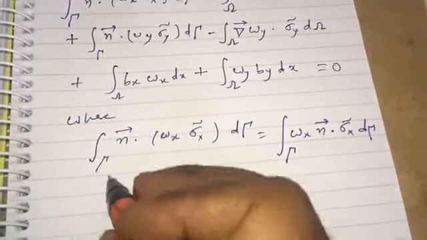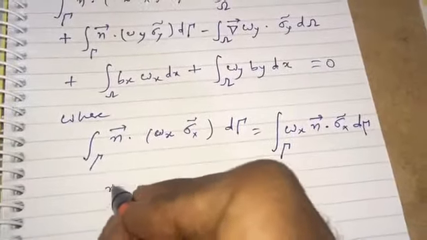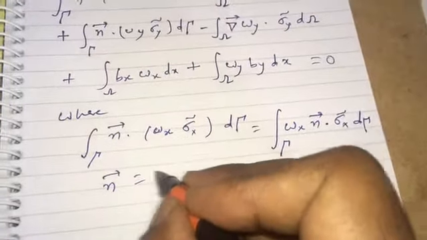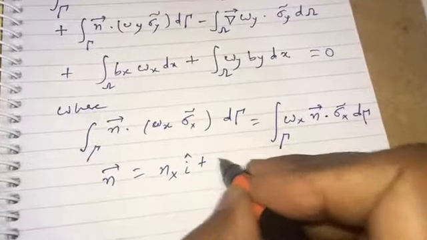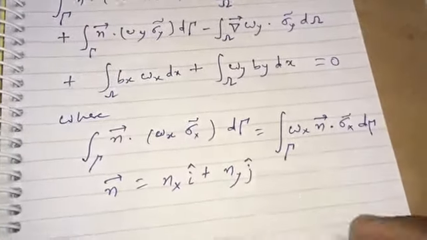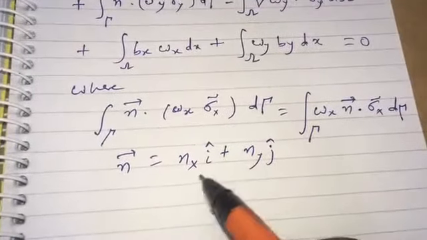Now we know that n is equal to nx i plus ny j, as we saw in the last lecture video.